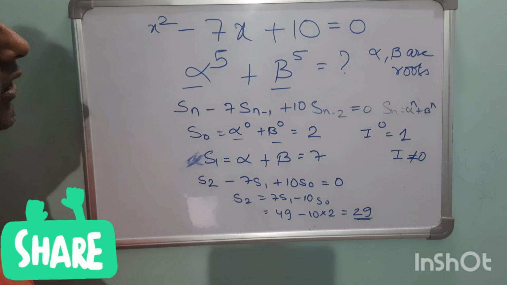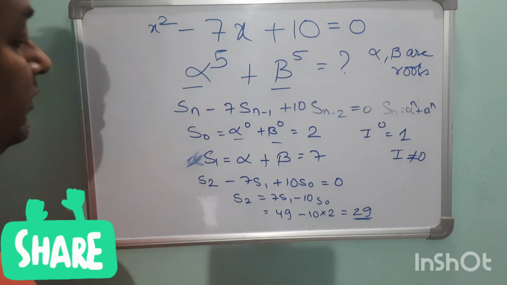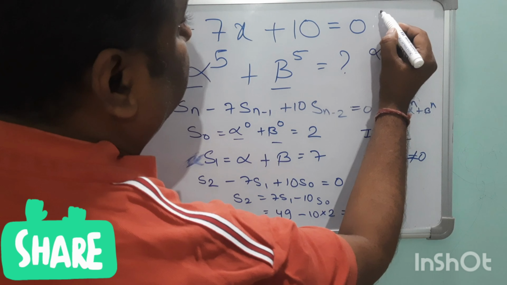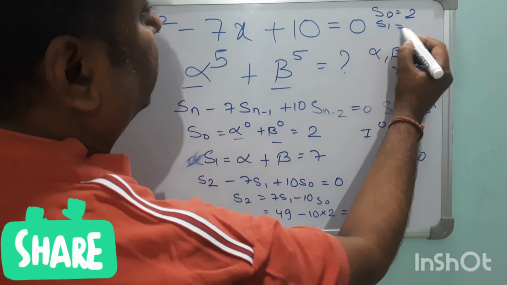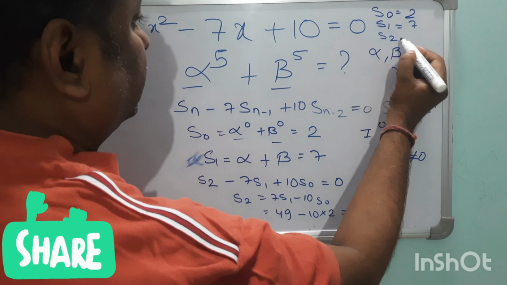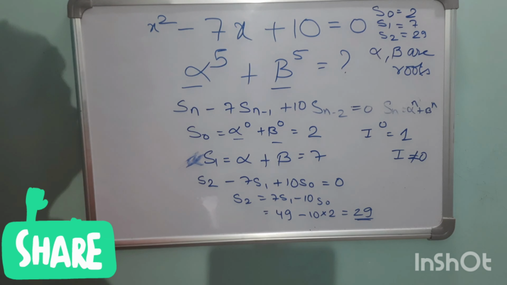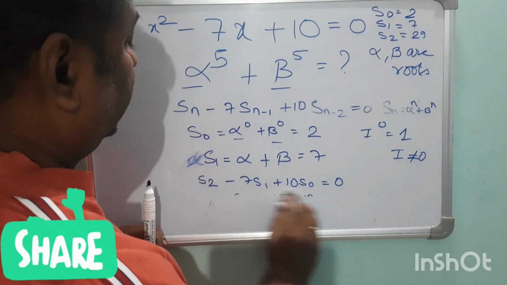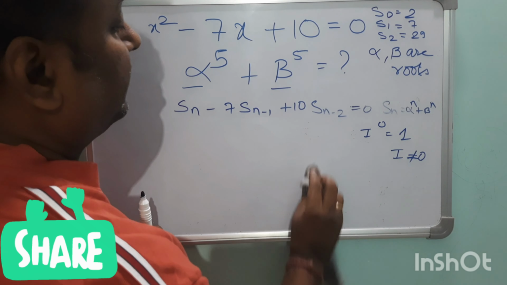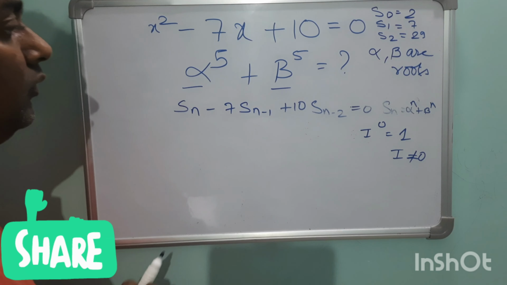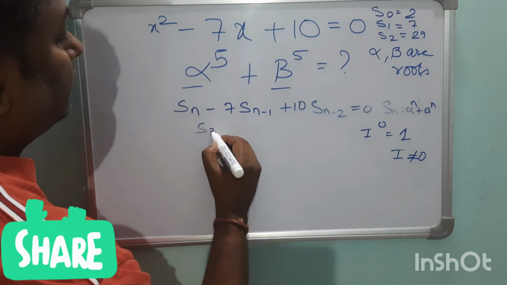Now similarly, can we get S3? Here I am writing S0, which is 2, S1 is 7, and S2 is 29. Now we have to find out S3, S4 and S5. So what will be S3?